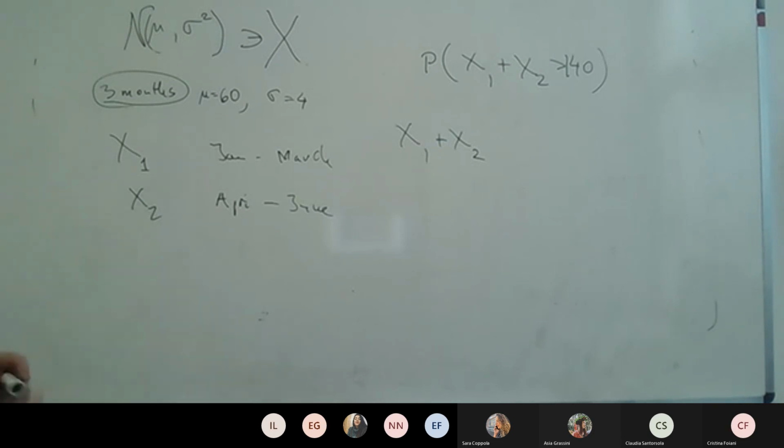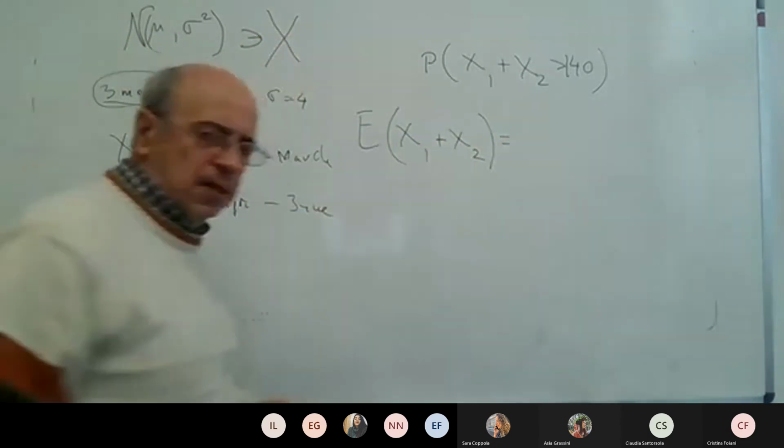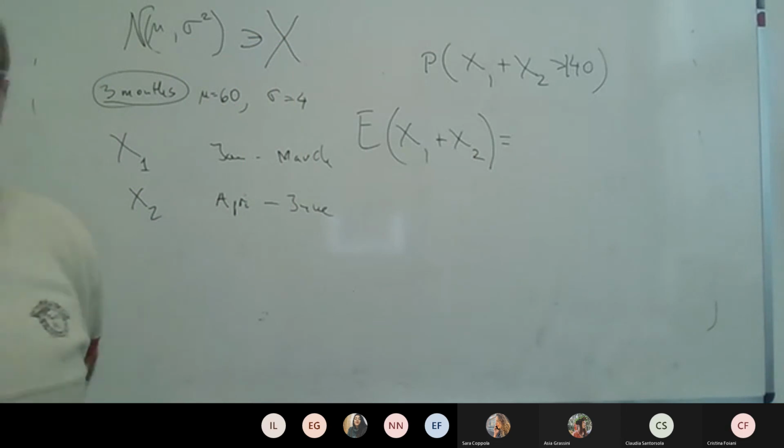If x1 and x2 belong to the same parameters mu sigma square, what can we say about the expectation of x1 plus x2? Can you help me? What was the proper expectation? Yes. This was a very, very important property.